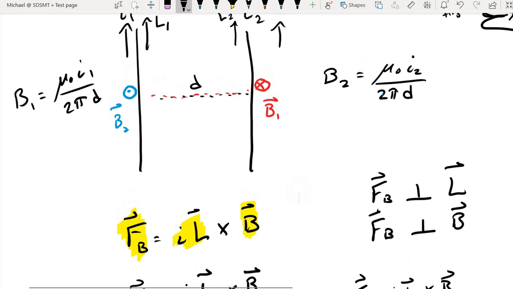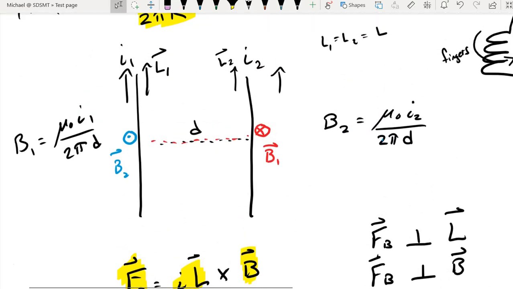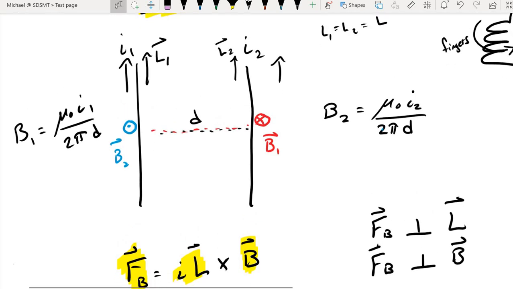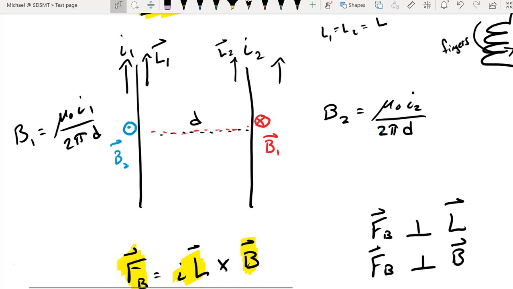So when we look at wire 1, our first vector is the length vector that is pointing up. So take your index finger and point it up in the direction of L1. The second vector is the field vector, that is your middle finger. That is going to be the direction of B2, which is coming out of the board.